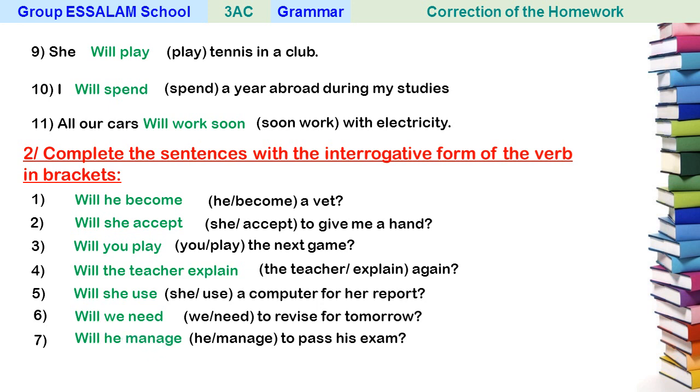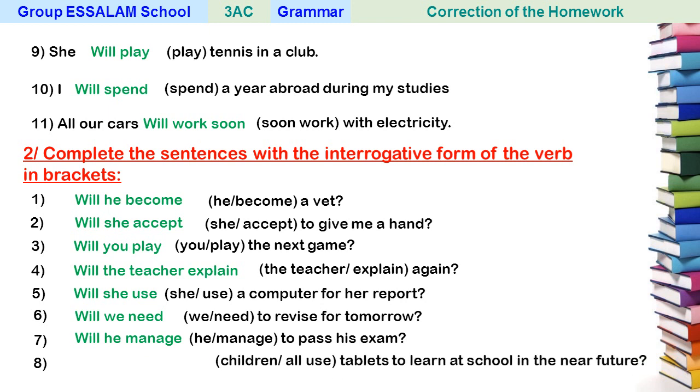Will he manage to pass his exam? And number 8, children all use tablets to learn at school in the near future. So the answer is, will all children use tablets to learn at school in the near future?